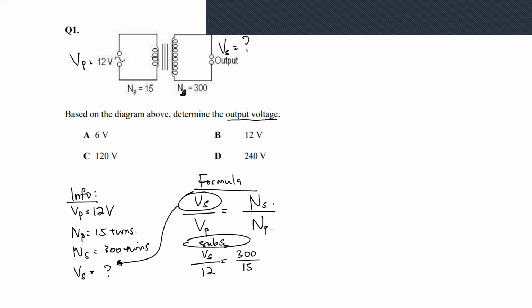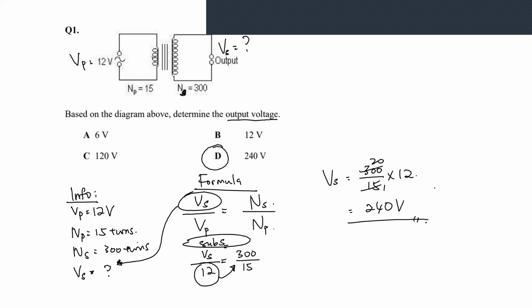So next, what to do? Cross multiply. So VS equals 300 divided by 15 times 12. Use the calculator, or you can simplify. 240 volts. Answer D.